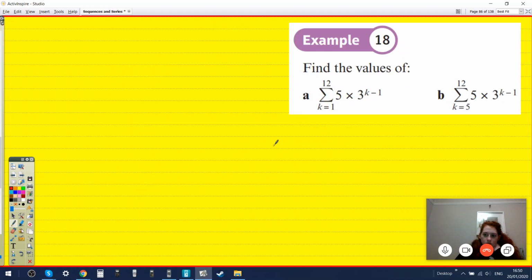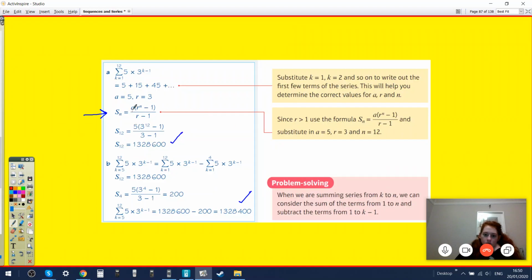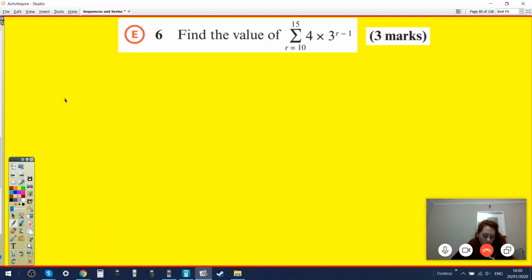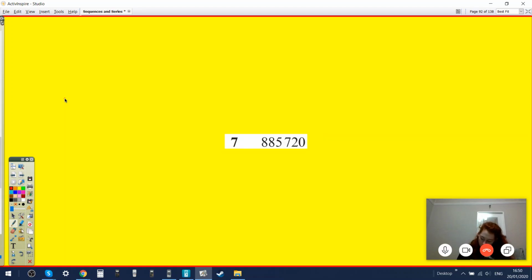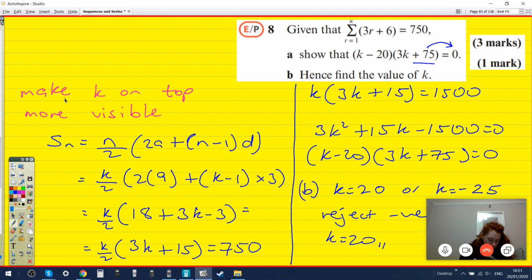These were geometric. You can use a calculator, or if it's a show that question, you have to use the geometric sum to n formula. So these were all very similar.